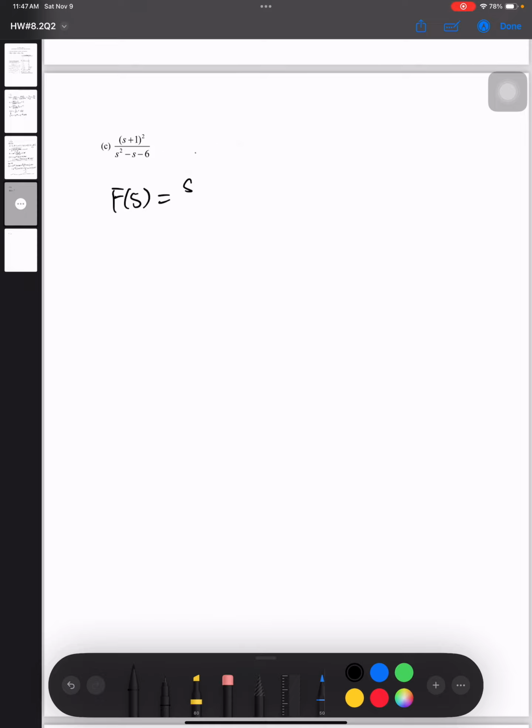So it's s squared plus 2s plus 1 over s squared minus s minus 6. Since this is all s squared, so we can just cancel this out.